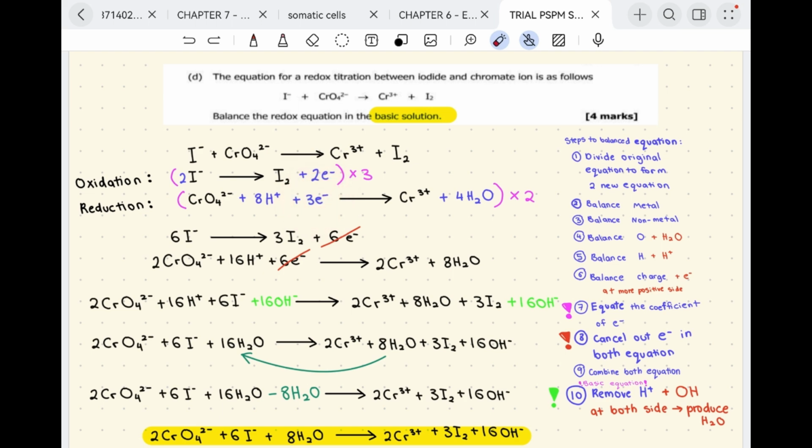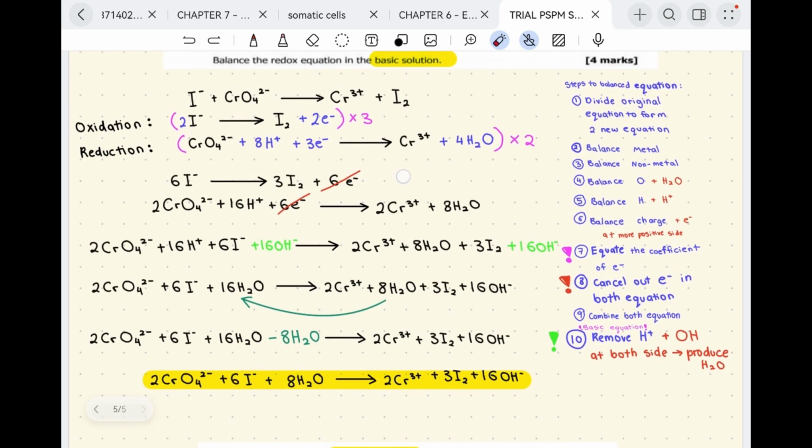So when the substance donates electrons, it undergoes oxidation, and when the compound receives electrons, it undergoes reduction. So we must put these labels aligned with both chemical equations, because we want to show that this reaction is involving redox. So we need to label the chemical equation.